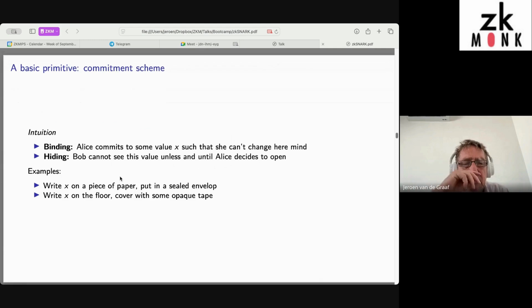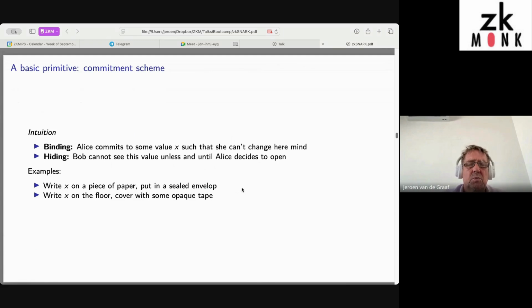An example of an implementation is you write the value X on a piece of paper, you put it into an envelope, you seal the envelope, and you put the envelope on the table. You have two stages: the commitment stage, and the reveal stage. At some later stage, one of the two parties decides to open the envelope.